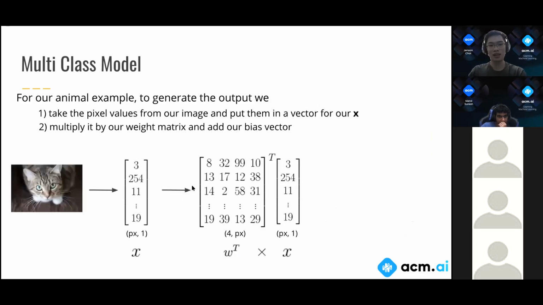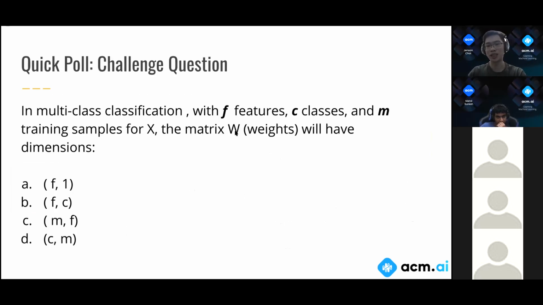Here n is replaced by f, which might be slightly confusing. But basically each class should have its own weights, and you're combining that into a matrix instead of the vector that we have for binary classification.